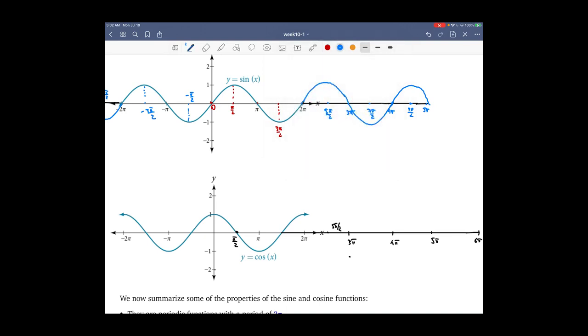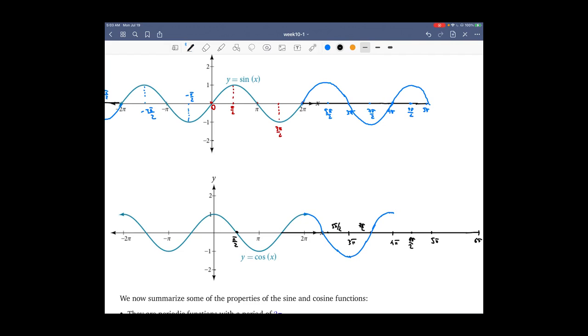So I get this portion. Then the value at 7 pi over 2 will again be 0. At 4 pi, it will be 1. At 9 pi over 2, it will again be 0.